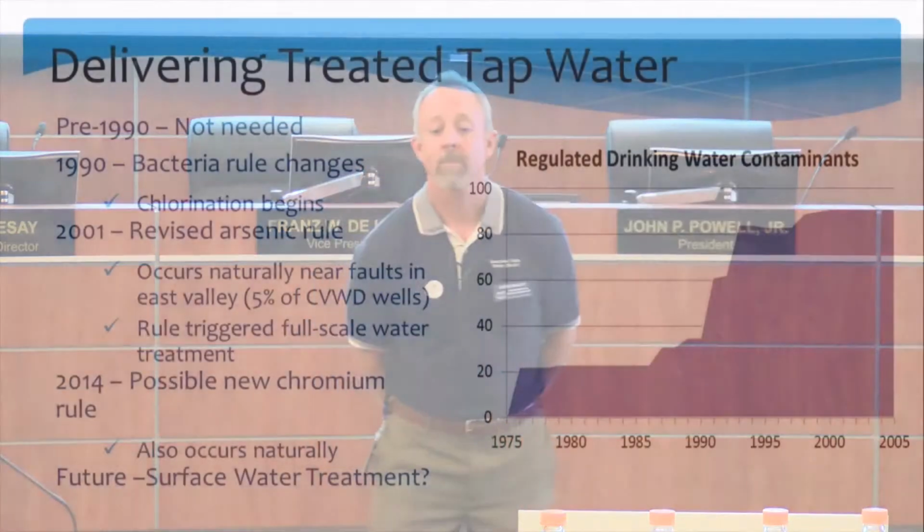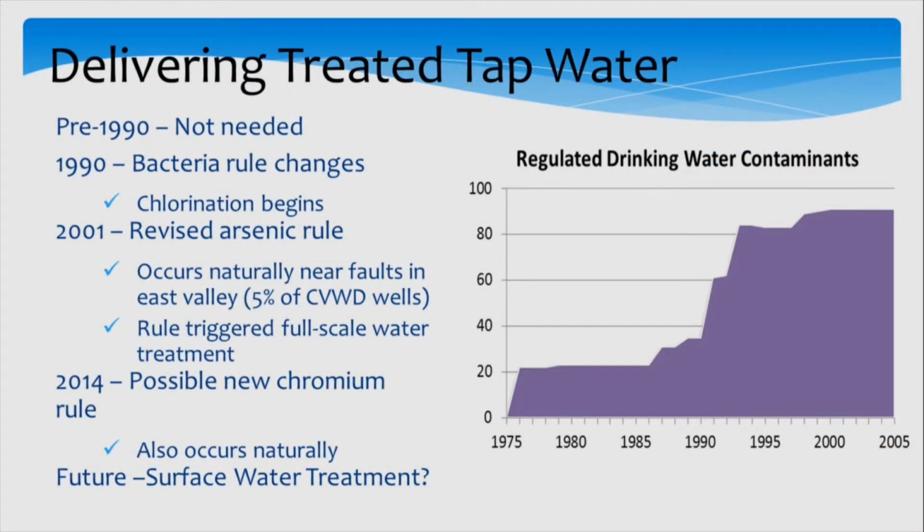Okay, chromium is an element, like calcium and magnesium, in the family of metals, and it's actually an essential nutrient. You need chromium to regulate your blood sugar levels.